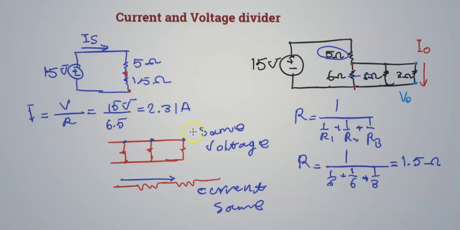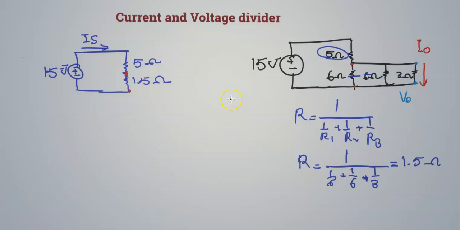So let me clear here. Let me write the current we calculated, which I just erased, which was 2.31 ampere.